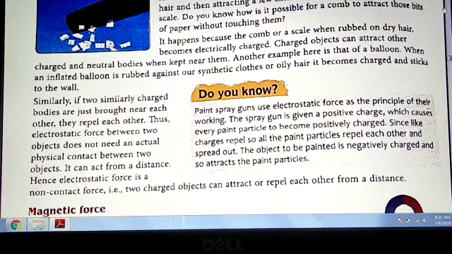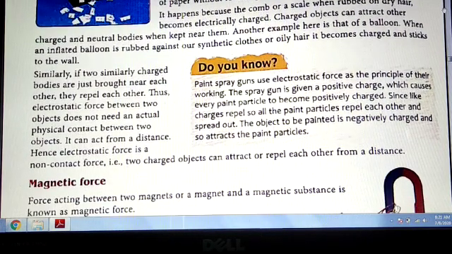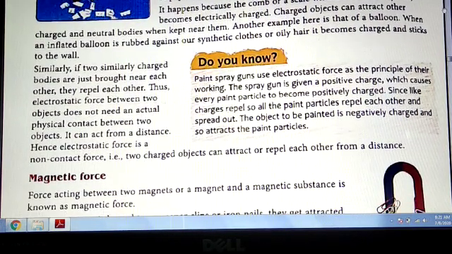Now a Do You Know fact is given in your book. All of you must have seen paint spray guns. They use electrostatic force, and it is given a positive charge, which causes every paint particle to become positively charged. And all of you know that like charges repel.